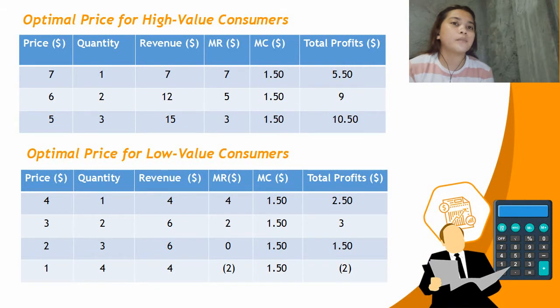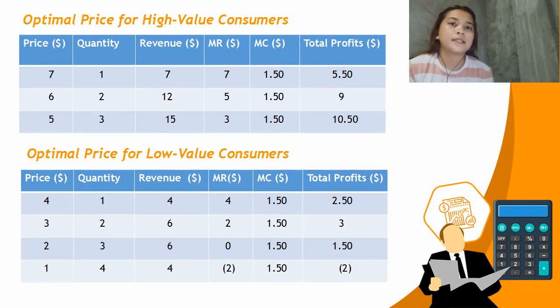And the total profit is 9, which comes from 1.5 times 2, the quantity, which equals 3, and 12 minus 3 equals 9.